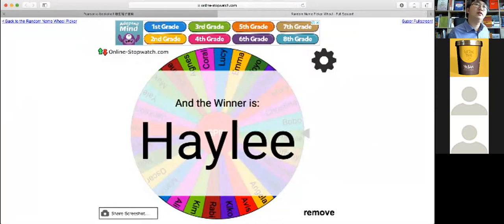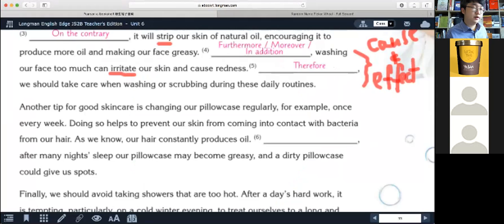Haley, so the wheel picks you, not me. So please read this paragraph. Haley, are you here? Haley, are you here? You can't speak. Okay. So maybe you tell us the answer then.